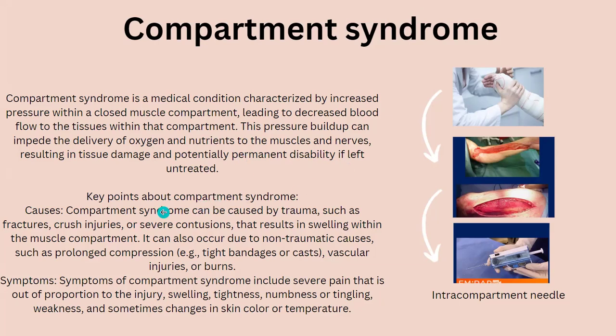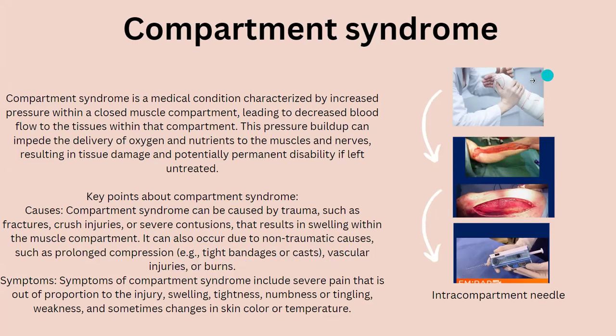Now, some key points about compartment syndrome. There are a lot of different causes. It could be caused by trauma, like fractures, crush injuries, and severe contusions that result in swelling within the muscle compartment. So basically anything that increases pressure within the muscular compartment. It can also occur in non-traumatic cases, such as prolonged compression like tight bandages or casts, vascular injuries, or even burns.